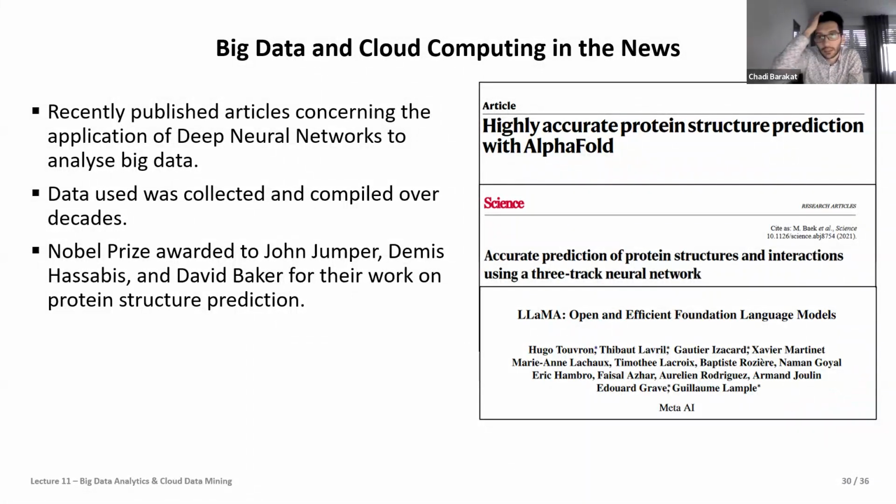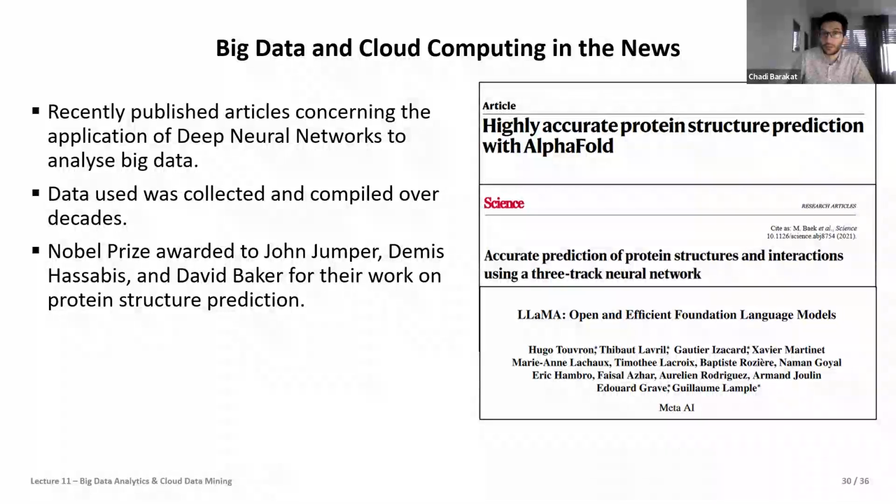These are applications of machine learning and data mining on a large scale. The first two are the protein folding applications, one from Google's DeepMind, and the other one is from the Baker Lab at the University of Washington.